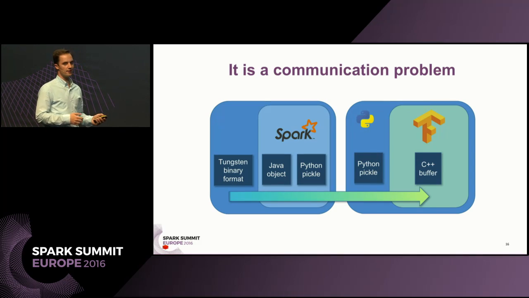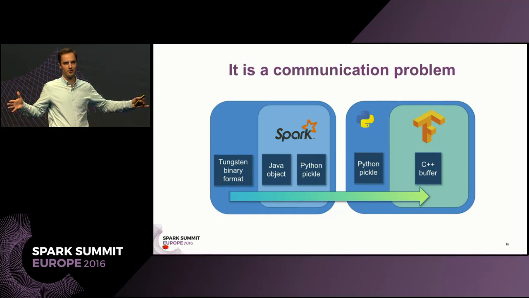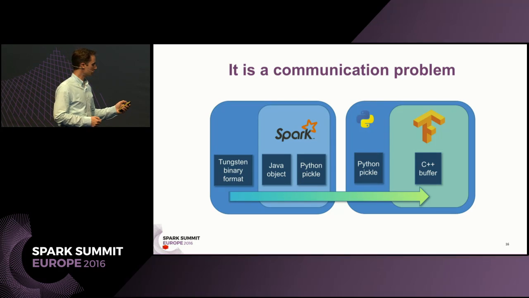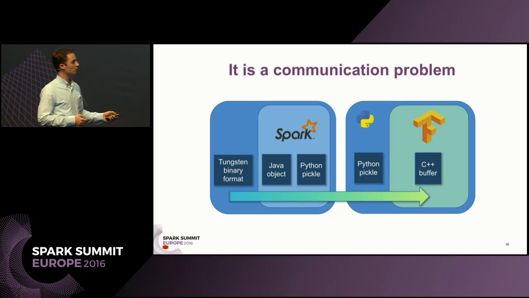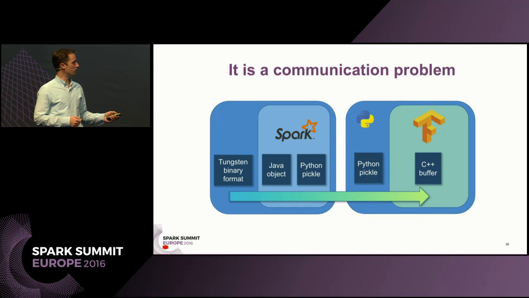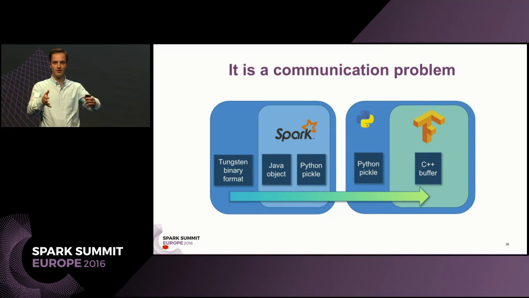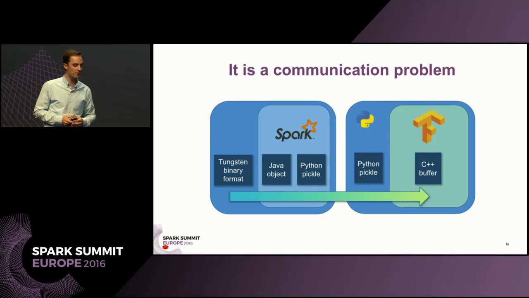The reason is that if you look into how this is implemented in the background, it would take the data being represented in this off-heap binary format by Spark. It would have to convert it to raw objects, which are Java objects. Then it would have to convert them to a Python object to send it to the Python process. The Python process would receive them and convert them to this format in a C++ buffer that TensorFlow can consume. And of course, this is fairly inefficient.